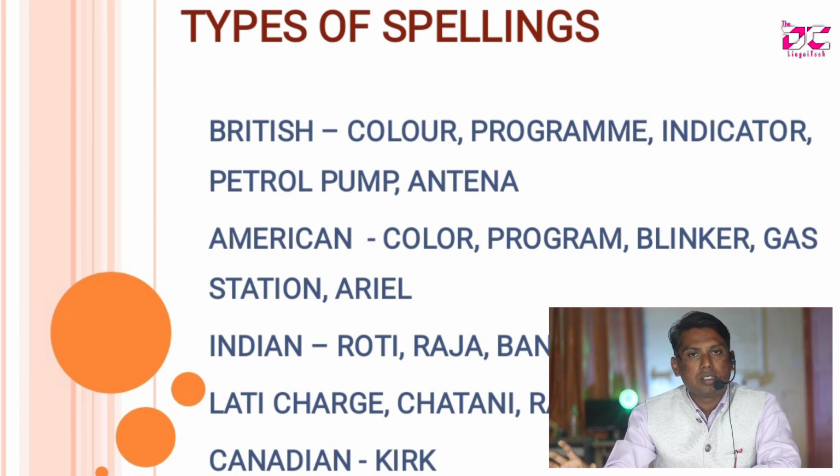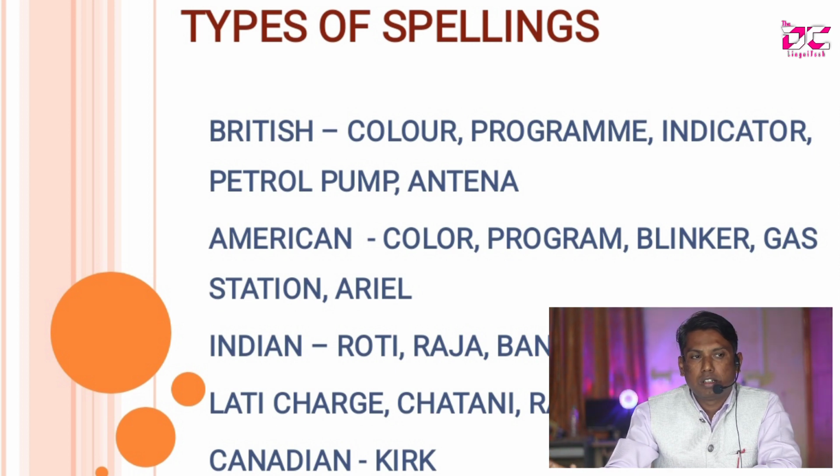There are spelling differences in all the languages. Like English, according to varieties, spellings differ. For example, the British dictionary has its own spellings, whereas Americans differ in the spellings. Like color, COLOUR is a British spelling, whereas Americans use COLOR.